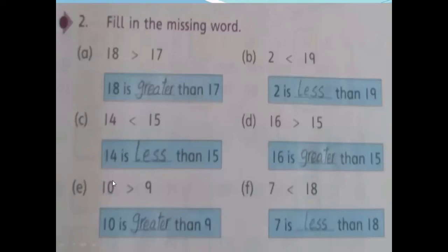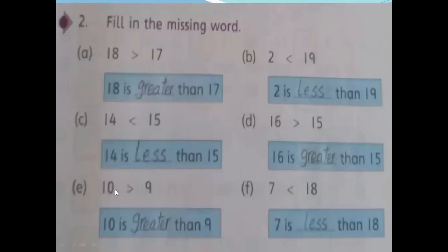Now, 10. Identify this sign. What is the name of this sign? Is the number 10 bigger or smaller as compared to 9? Yes, 10 is bigger, so we use the sign greater. Greater we use for the bigger one.